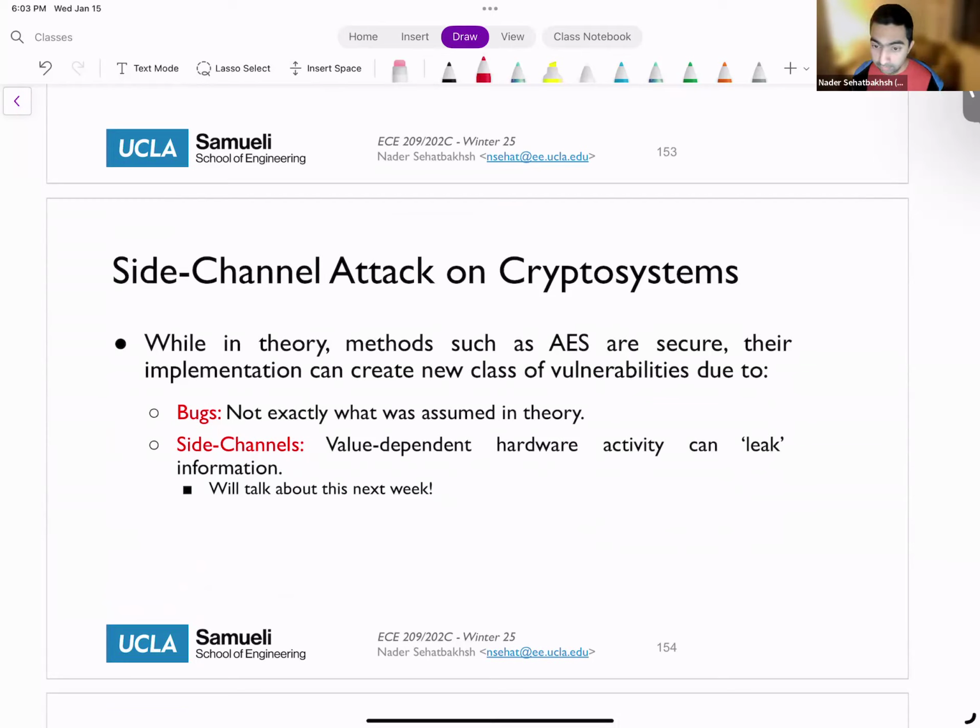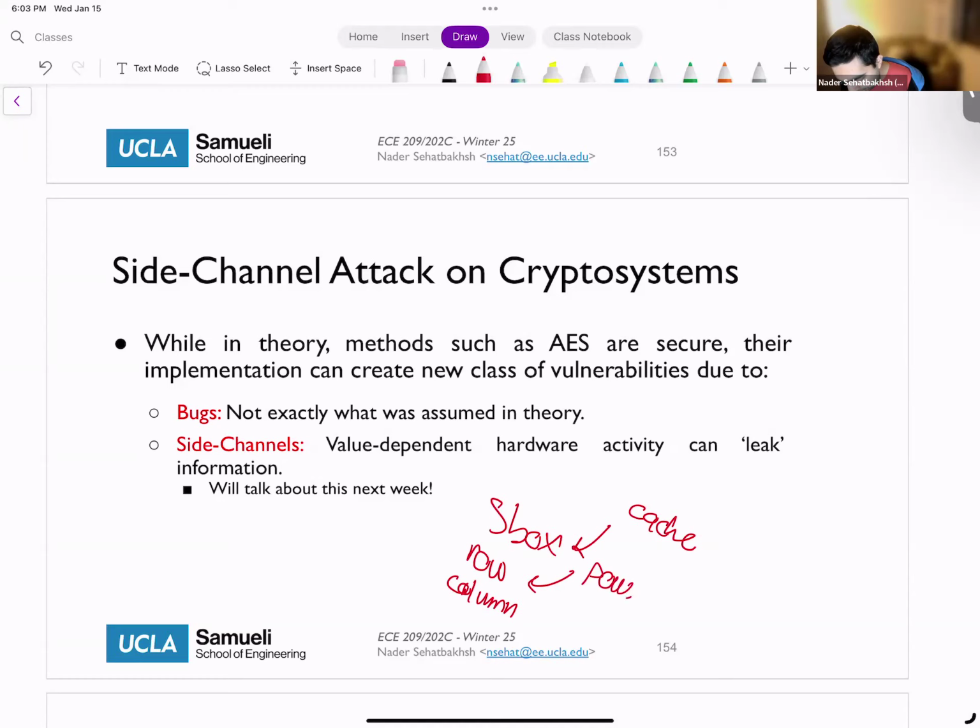But side channels have shown that during the process of, for example, computing these S boxes or moving things around in rows and columns, if the computation is somehow key dependent, for example, if this S box is based on the address of the cache, or this row is based on power consumption, people have shown that this value dependent hardware activity could leak partial bits of the key.